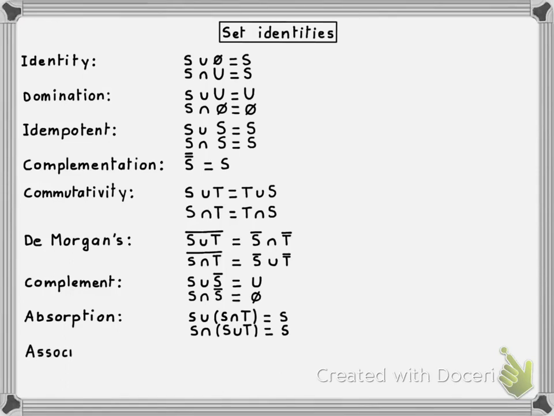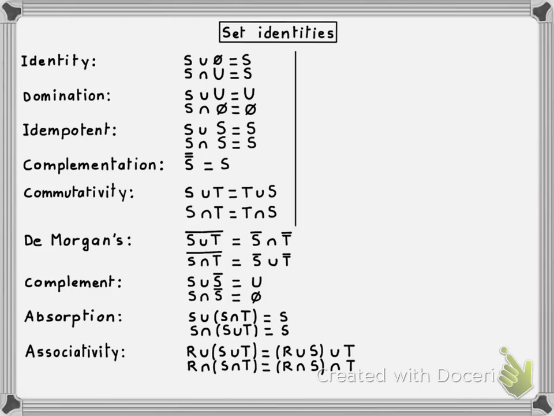The next two identities are called associativity identities, and they state that for union as well as for intersection, the order in which the operations are performed from right to left or from left to right does not matter. You always get the same set back.